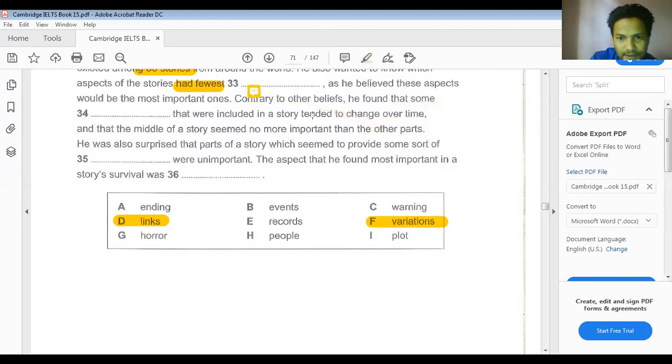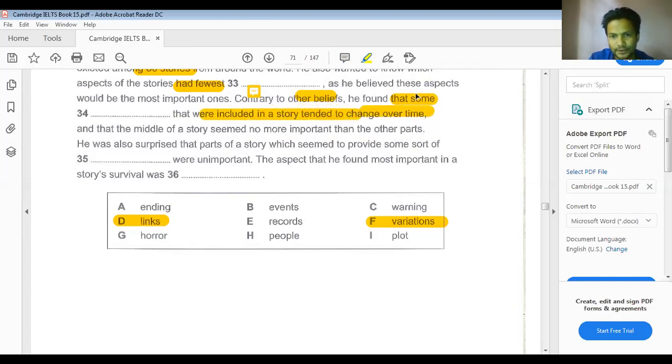We can make, contrary to this belief, and this is now just opposite. This is just opposite to this belief. He found that some that were included in the story tended to change over time.